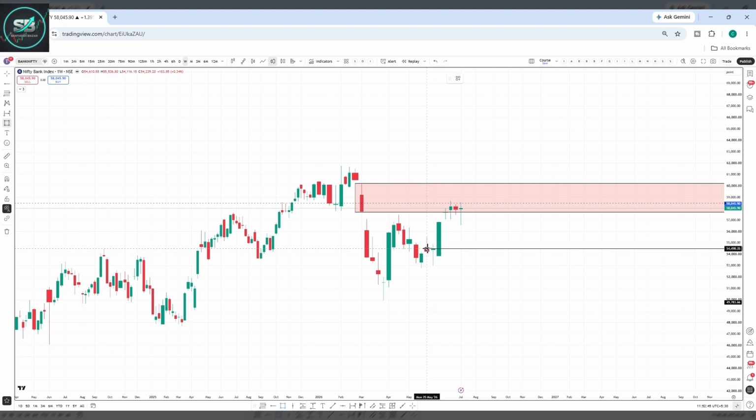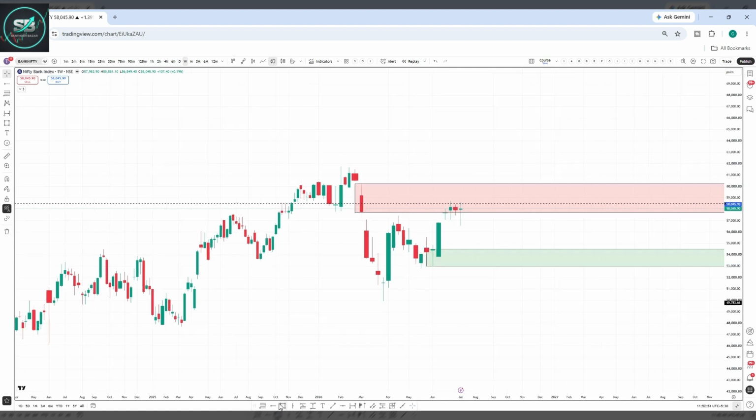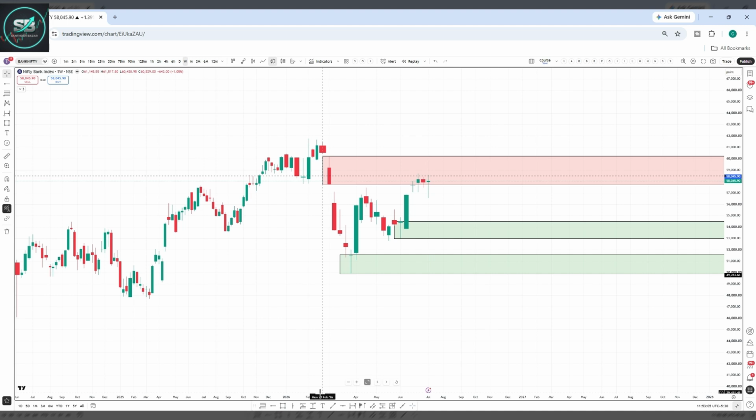This is my weekly demand zone, and again we have another weekly demand zone here. I'm just drawing from body to bottom of the week. And before this, we have a weekly demand zone here in Bank Nifty.